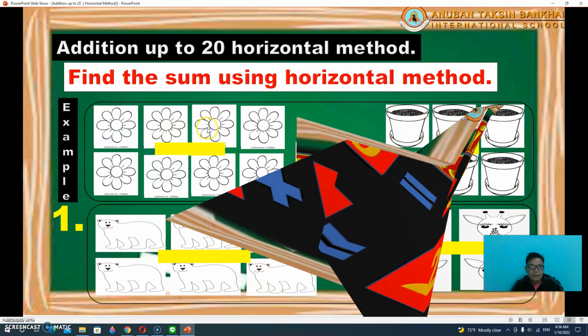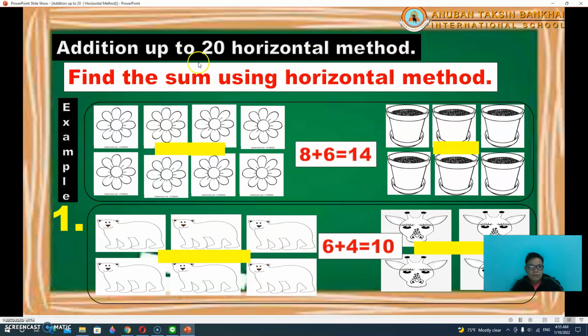We're going to practice addition up to 20 using the horizontal method, finding the sum. Here is an example. These are flowers. How many flowers are there? 1, 2, 3, 4, 5, 6, 7, 8.